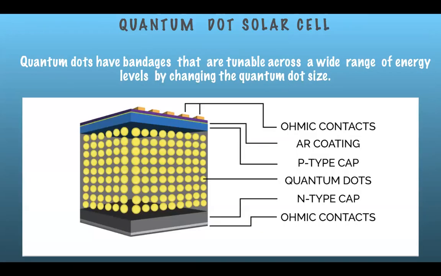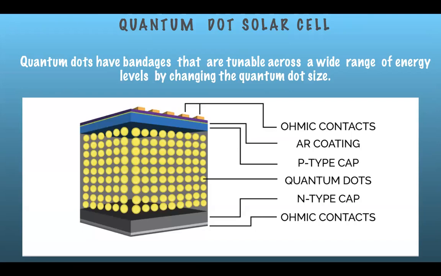Then quantum dot solar cells. What do you mean by a quantum dot solar cell? A quantum dot solar cell is a solar cell design that uses quantum dots as the absorbing photovoltaic material.